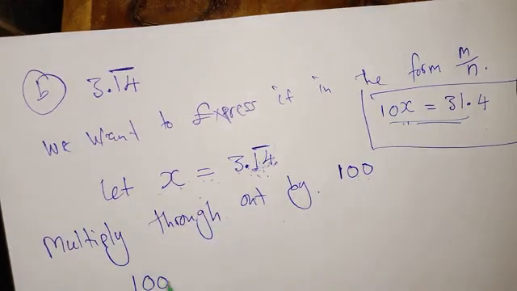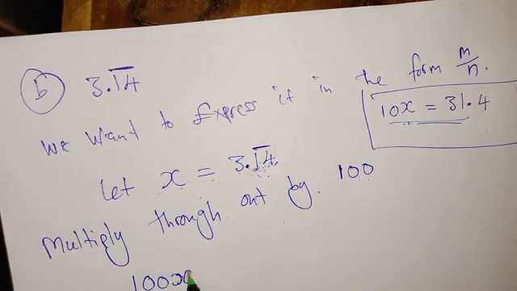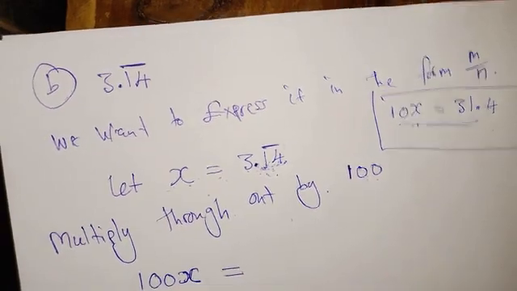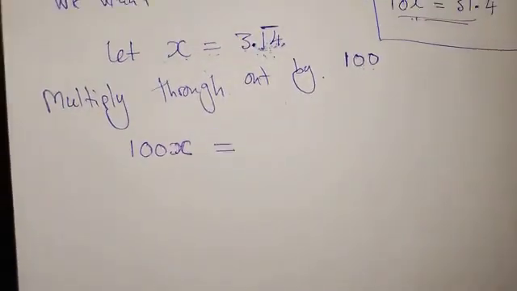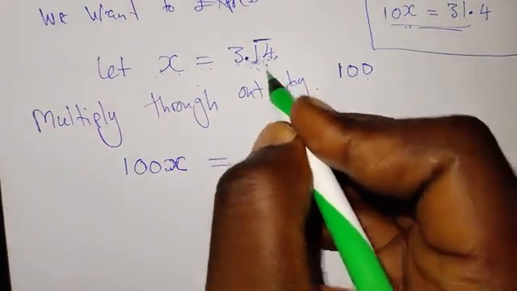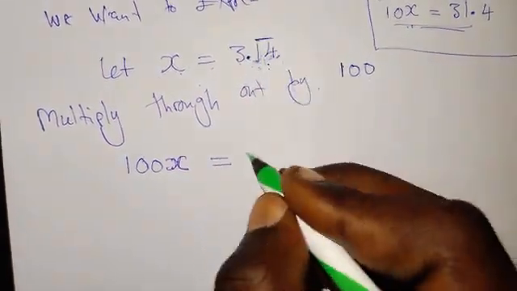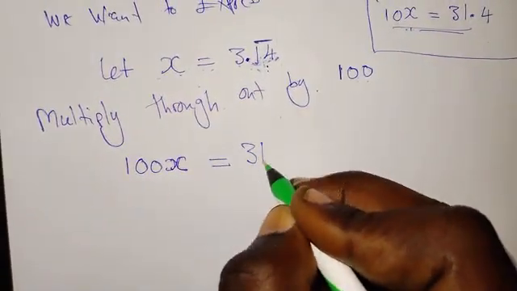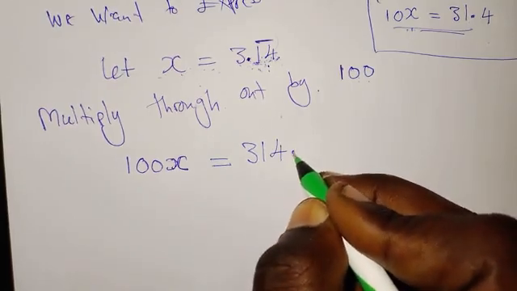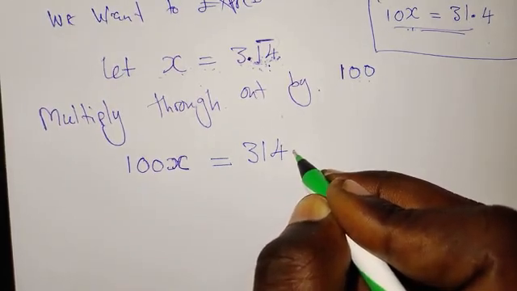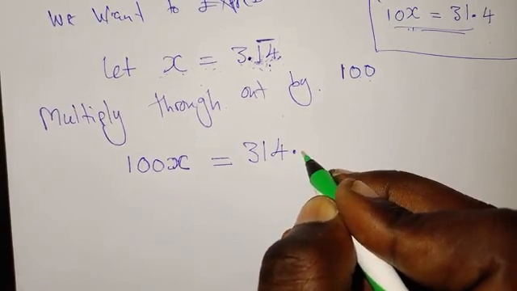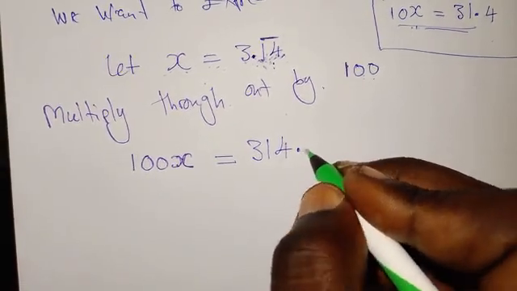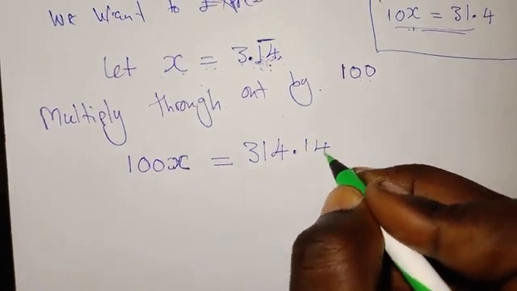So multiplying this by 100, I'm going to have 100x, which will be equal to 100 multiplied by 3.14. It means that my point will move twice. I'm going to have 314 point. Remember, the point is now at this position. What numbers am I remaining with on this side? I'm still remaining with a 1 4.